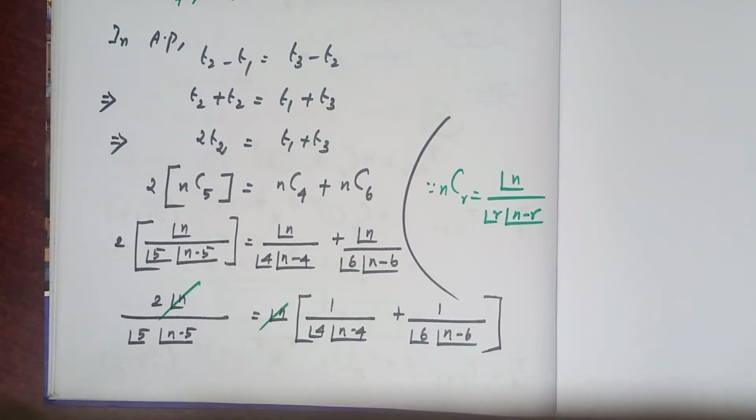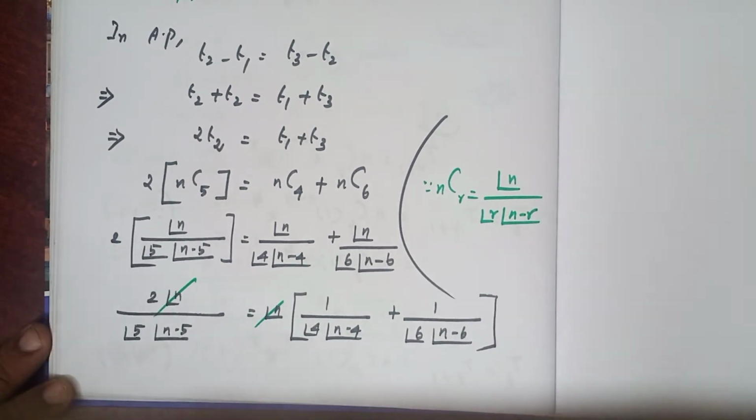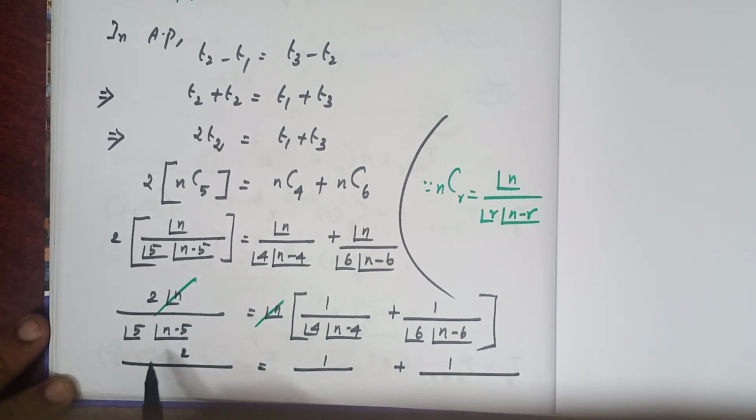Now 2 divided by factorial 5 into n minus 5 factorial equals 1 divided by factorial 4, factorial n minus 4, plus 1 divided by factorial 6, factorial n minus 6.